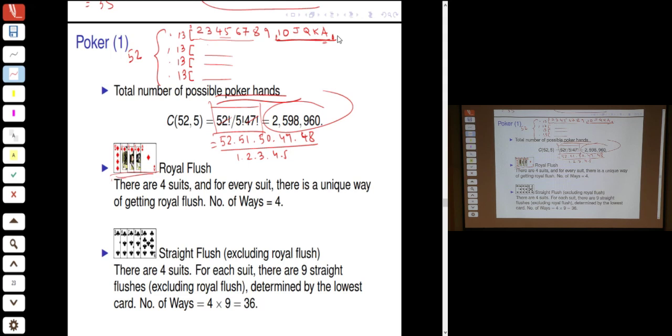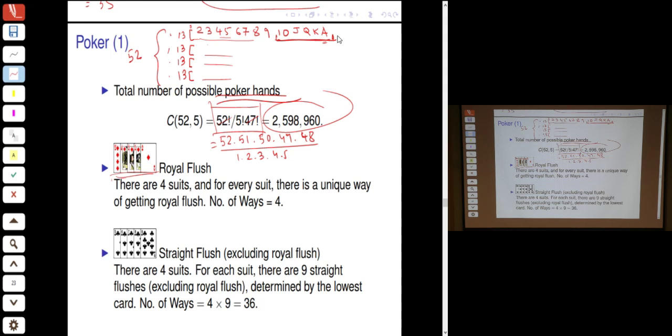So here, once you choose the suit from which you pick your cards, you don't have any choice, because once you pick a suit, you just need to pick the top 5 cards, the 10 through Ace of that particular suit. Okay?